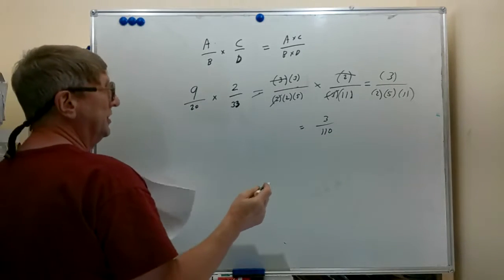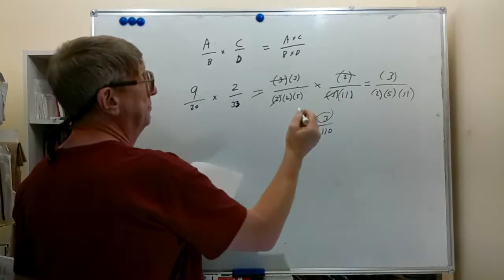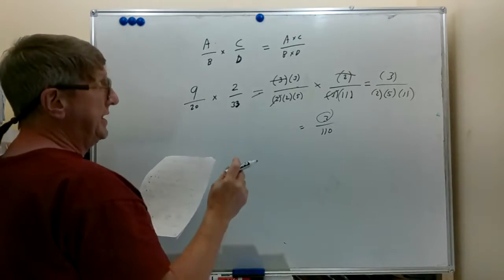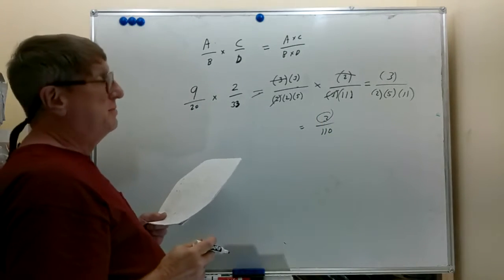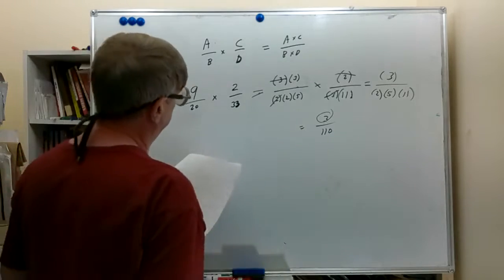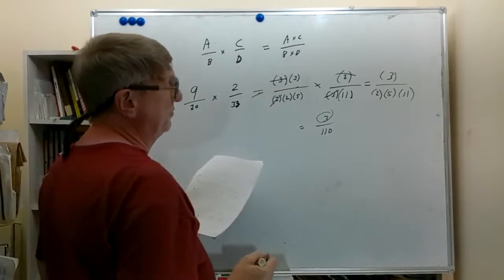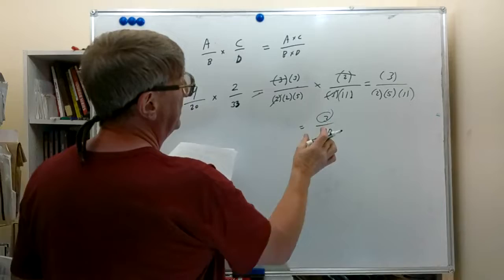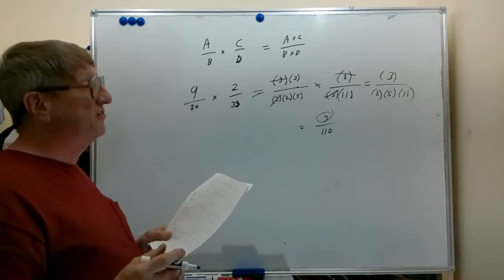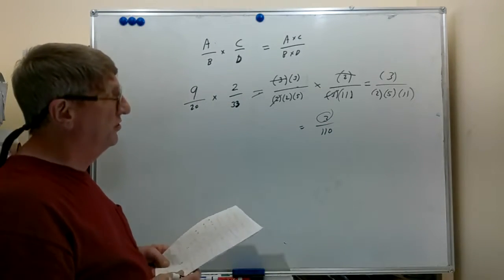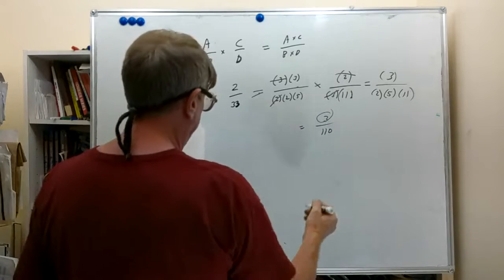Now we know this is in lowest terms because 3 is prime. So there's not going to be any other factors that can be canceled. And, well, actually, if 110 was divisible by 3, then, so actually one prime number does not really indicate that you're in lowest terms. Because there could be, here's an example.